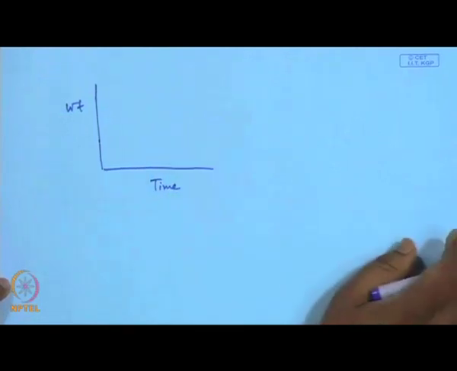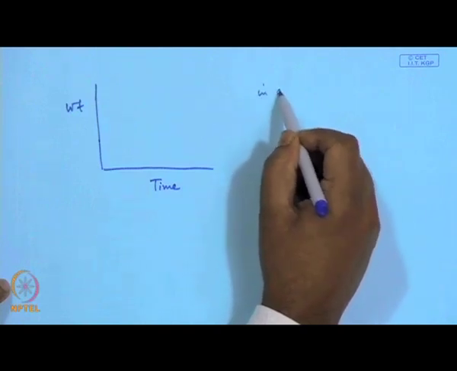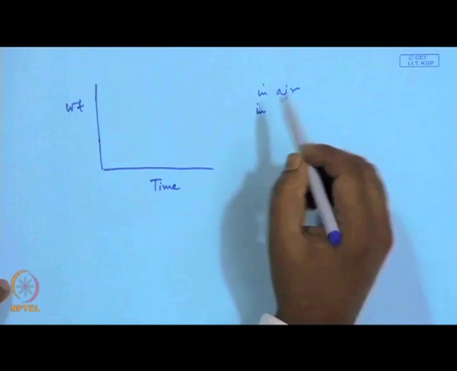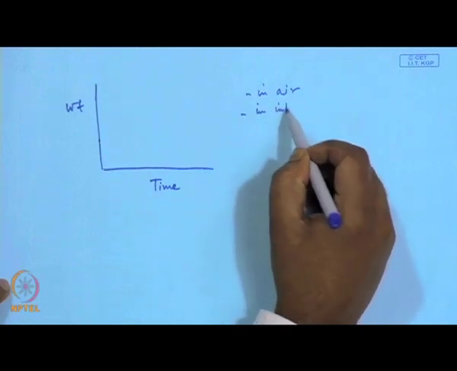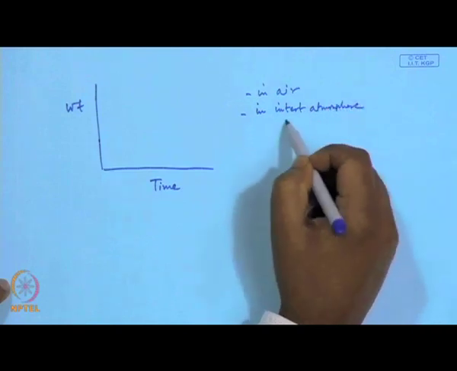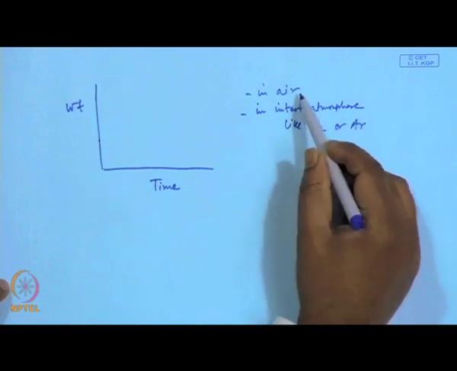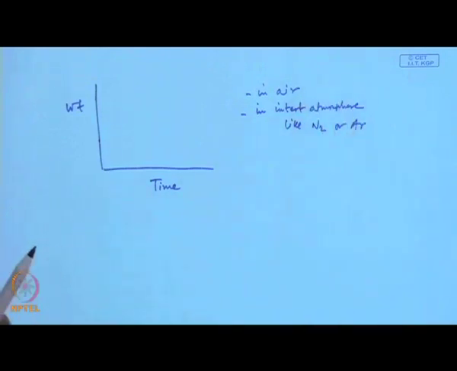Again, the heating can be done in air or in inert atmosphere, like say nitrogen gas or argon gas. Obviously, in air the decomposition will be at much lower temperature compared to a situation where the temperature is increased under nitrogen or argon.